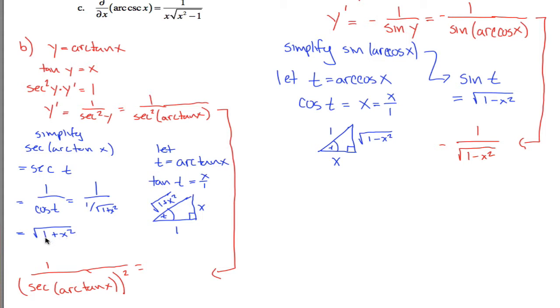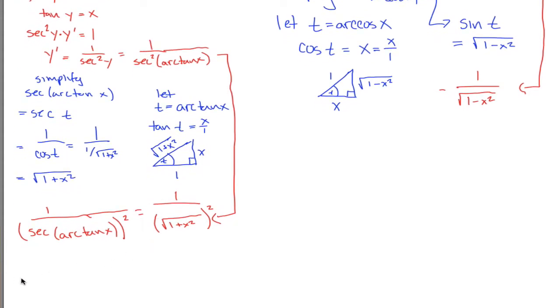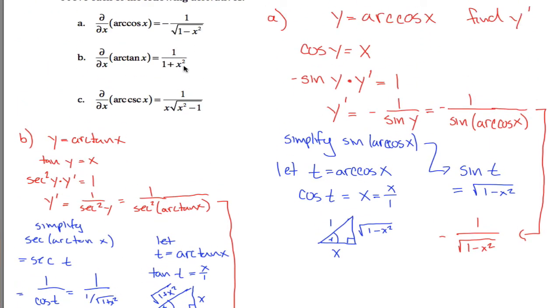I said that was equal to the square root of 1 plus x squared. So I get 1 divided by the square root of 1 plus x squared, squared, because of this squared right here. It's equal to 1 over 1 plus x squared, which hopefully is the same thing we got up here.